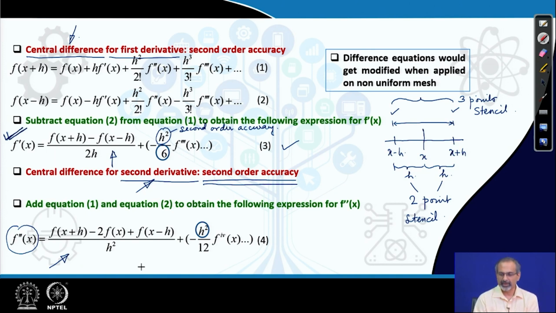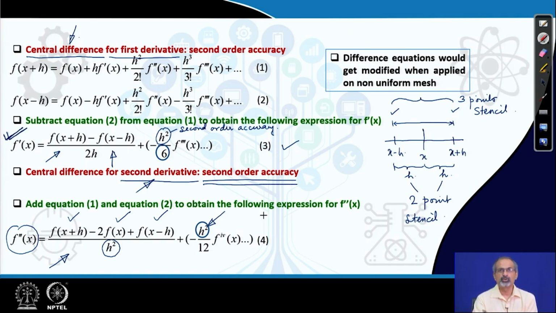You again have a 3 point stencil x plus h, x and x minus h, but functional values of all 3 points have been used here, while there only 2 of the functional values were used. Also, the denominator now is h square, and you have a second order accuracy because the leading error term in the truncation error has an order 2.